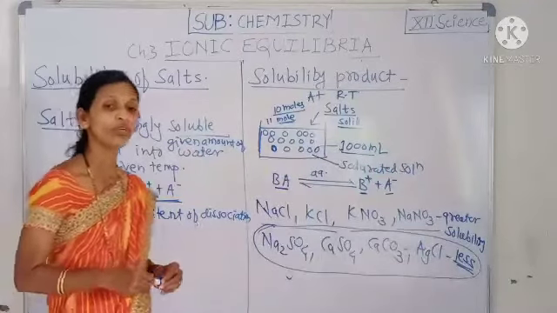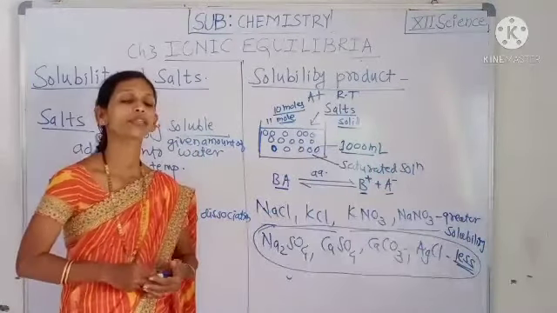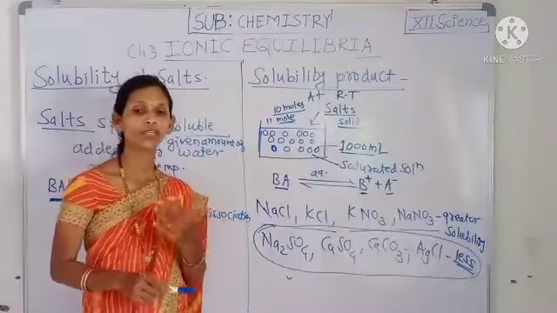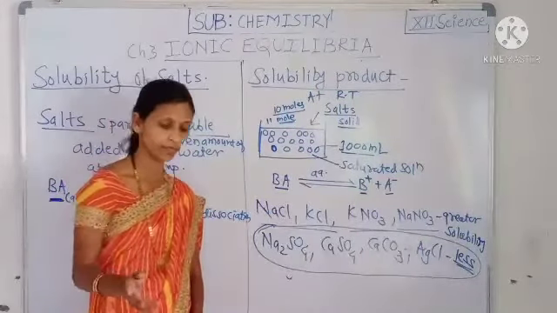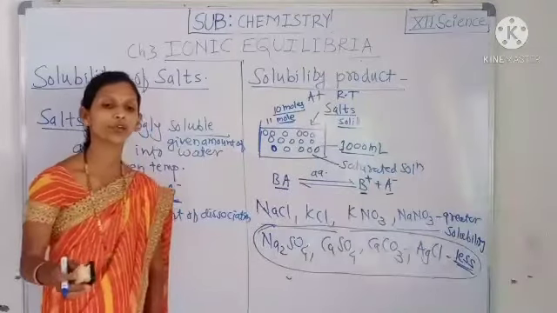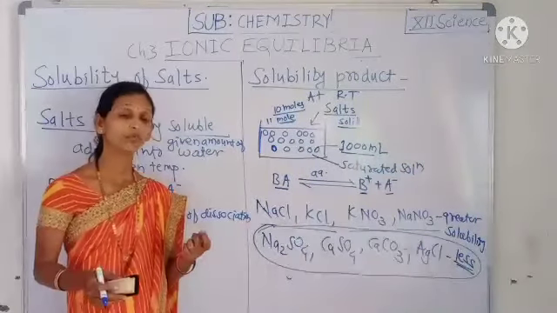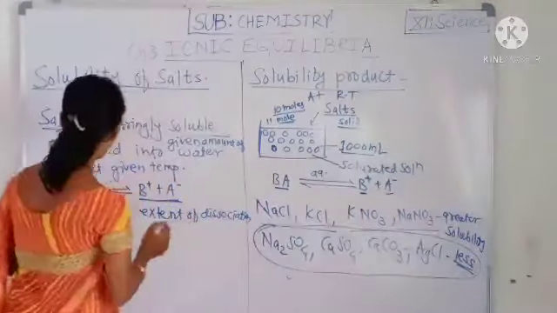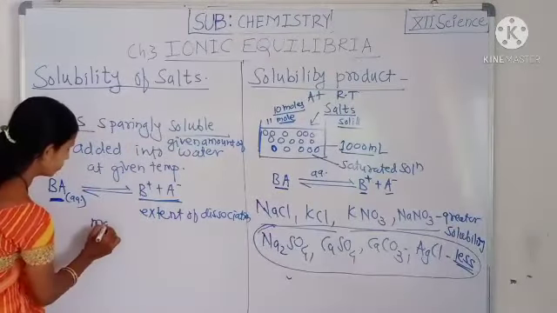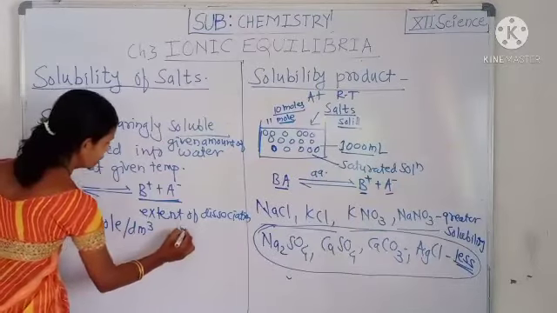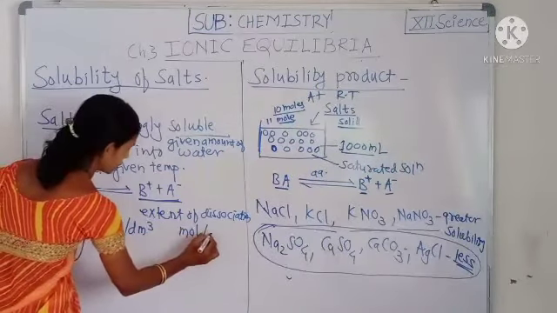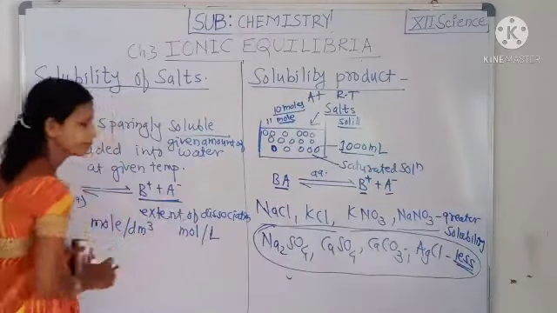Then we will discuss the solubility and solubility product of sparingly soluble salts. The solubility of a salt is measured in mole per dm cube, or in mole per liter.